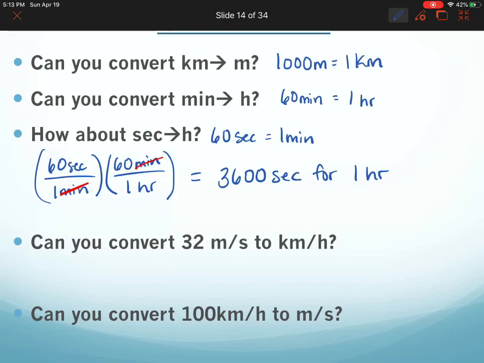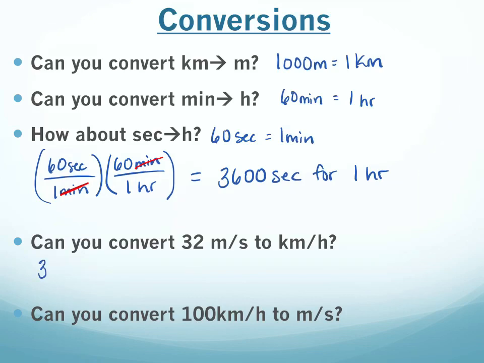So for example, if I want to convert 32 meters per second to kilometers per hour, here's how I do it. I have 32, and that's meters per second. I really like drawing things in these nice fractions. First I want to convert meters to kilometers.